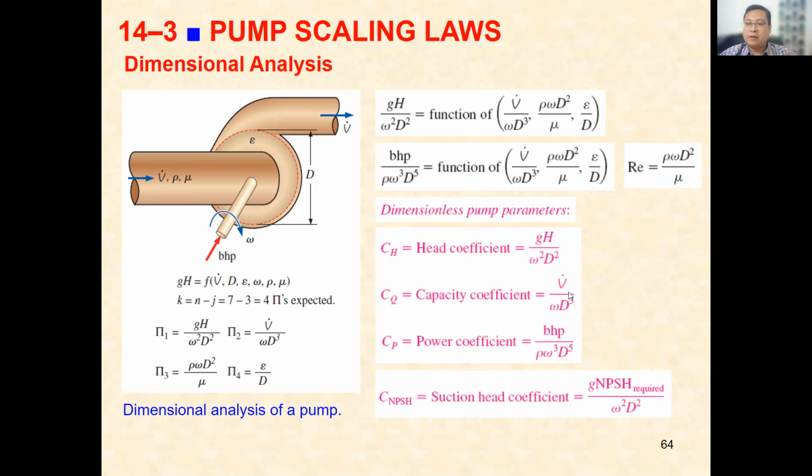So we try to calculate all the parameters by head coefficient, capacity coefficient, and power coefficient. To determine whether the pump is efficient or not by these coefficients, head coefficient, capacity coefficient, and power coefficient, this formula calculates the performance of the pump. So we call it the pump scaling law. So by dimensional analysis, you can see here our parameters are dimensionless.